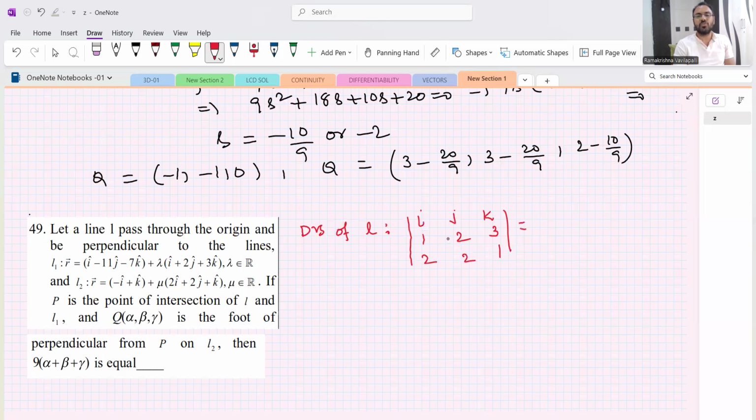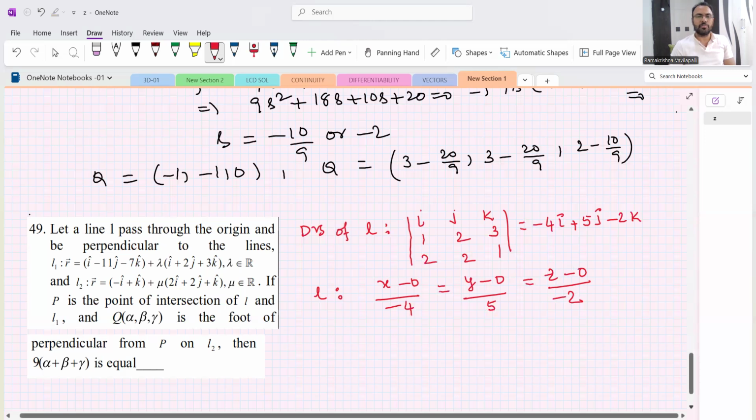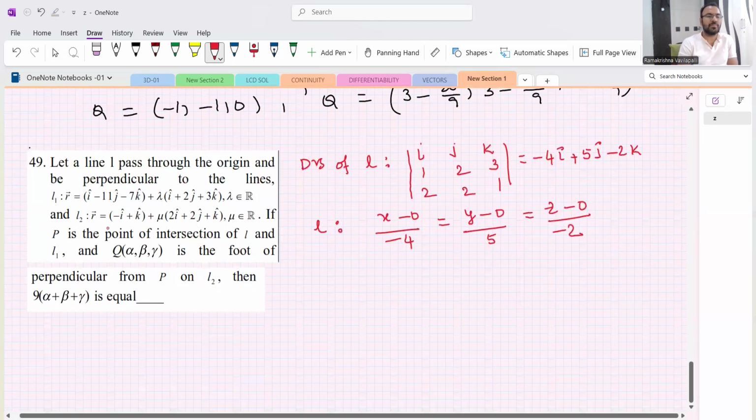This is equal to 2 minus 6, that is minus 4i, 1 minus 6 plus 5j, and 2 minus 4, minus 2k. These are the DRS. So what is the line L? Now line L is passing through the origin having DRS -4, 5, -2, perpendicular to both L1 and L2.